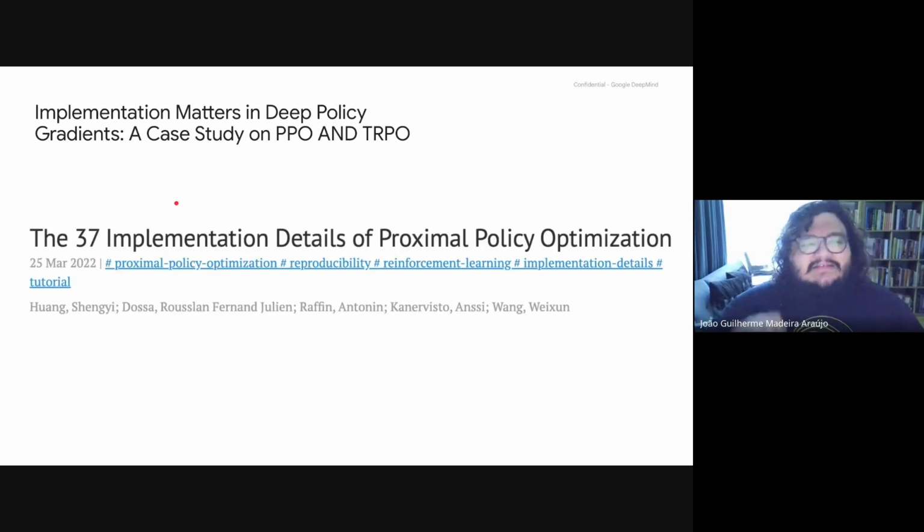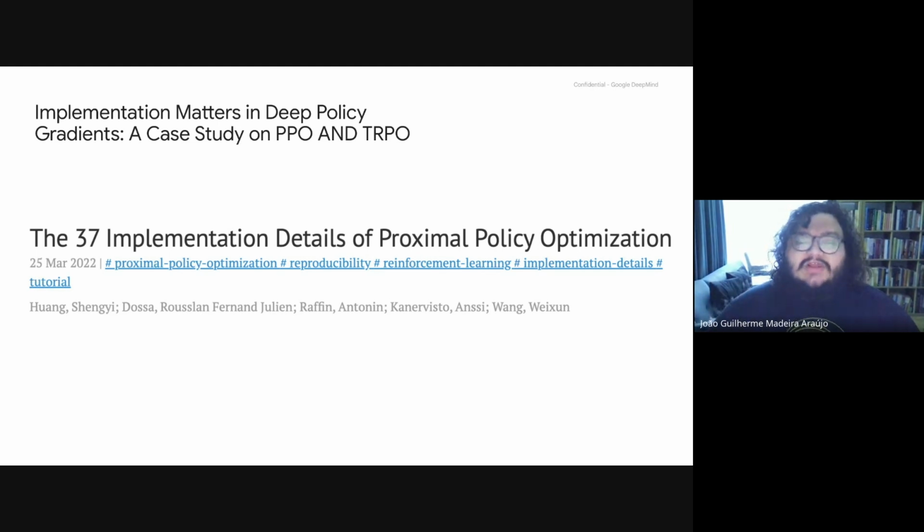And then there is this blog post that I think was accepted at ICLR. I also love it. It's called the 37 Implementation Details of Proximal Policy Optimization, where they show that those previous details we talked about are pretty important. There are a bunch more that, without them, you also don't really get a working PPO.